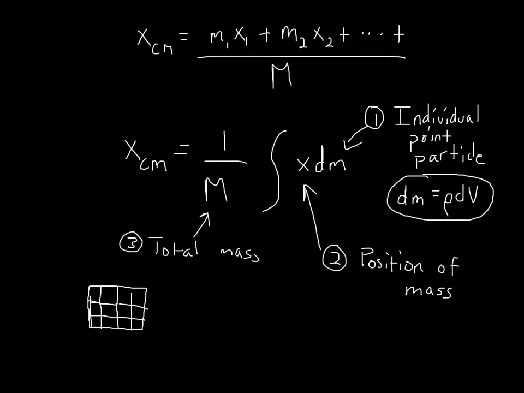Each box that I see here is a different point particle. It has its own little mass. That mass comes from its density times the volume, the size of that little box. The x is the position of that mass relative to some coordinate system. And finally, the total mass is how big this box is as a whole.